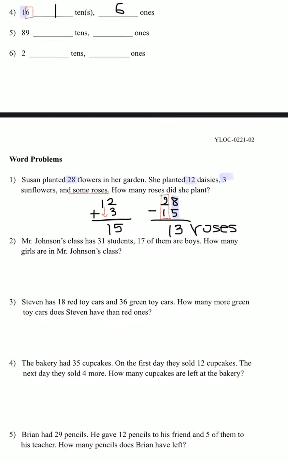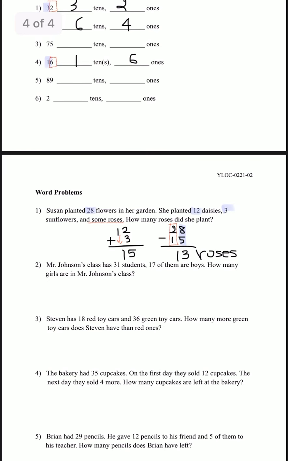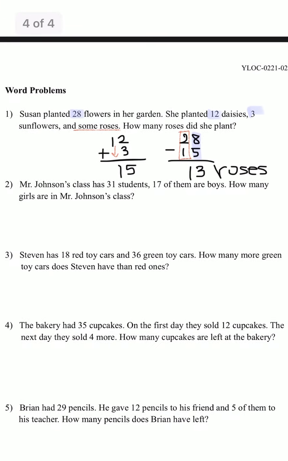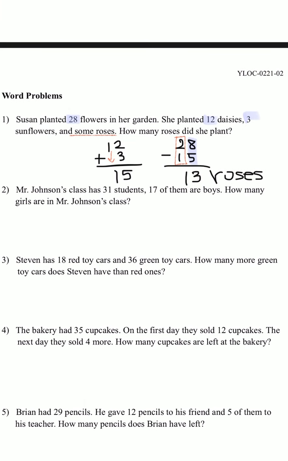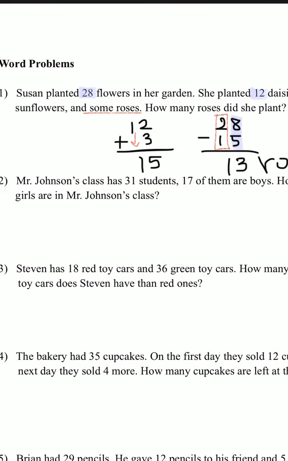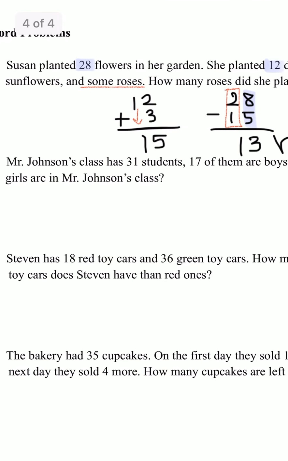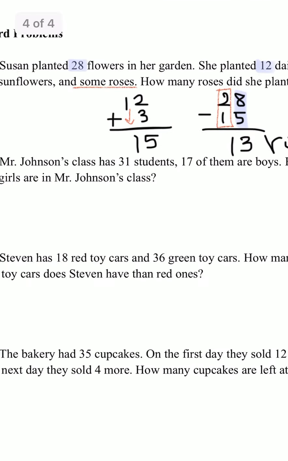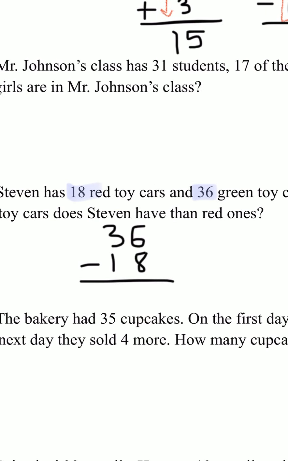Let's try one more. We're going to try number 3. Steven has 18 red toy cars and 36 green toy cars. How many more green toy cars does Steven have than red ones? To find how many he has more, we're going to do 36 minus 18. Because 6 is smaller than 8, we're going to borrow 1 ten from 3.